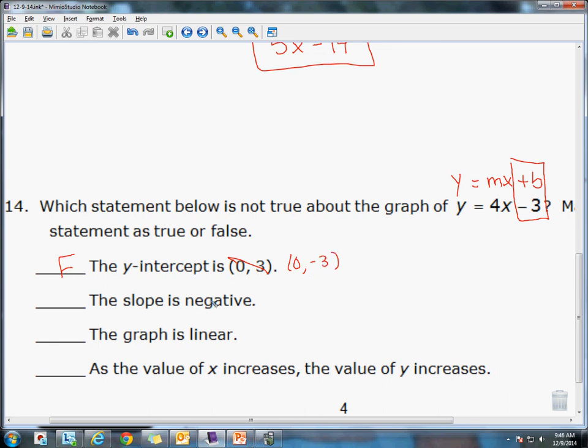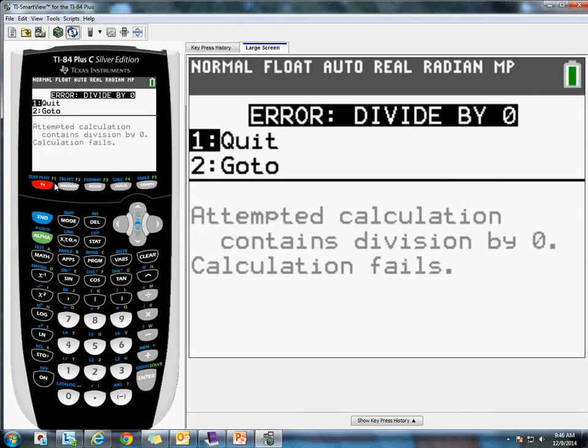Second one says the slope is negative. Here, if you look at your slope, your slope is 4. So that's false because your slope should be positive. And that's because m is equal to 4. Next one says the graph is linear. We can put this in y equals.